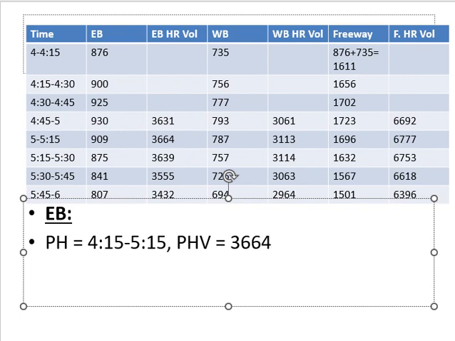Okay. Now, how do we calculate peak hour factor? Volume over, so volume is 3664. Over what? 4 multiplied by maximum 15-minute flow.